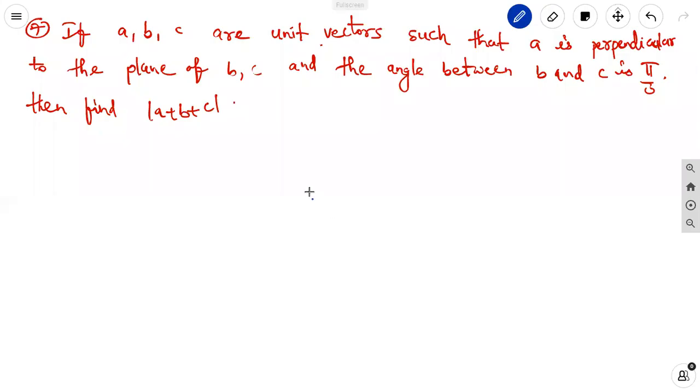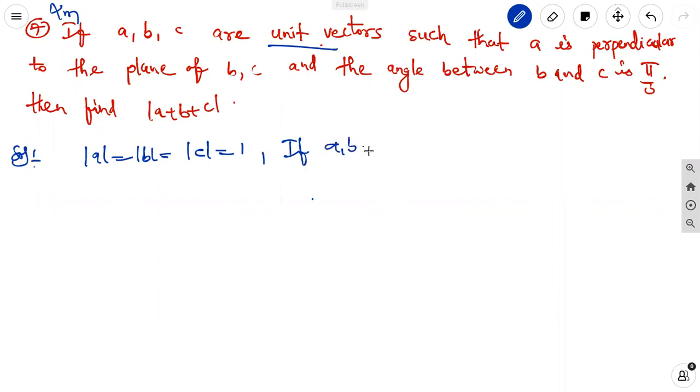Seventh problem, it is a 4 marks question. If a, b, c are unit vectors, those are unit vectors means their magnitude is equal to 1. Mod a, mod b, mod c equal to 1, unit vectors. Okay, why? Because a, b, c are unit vectors.